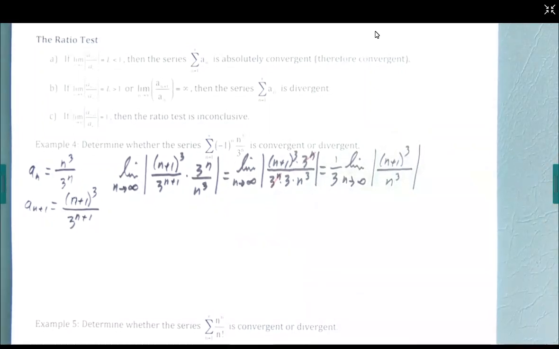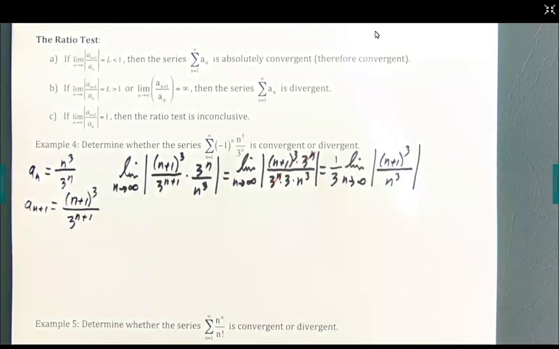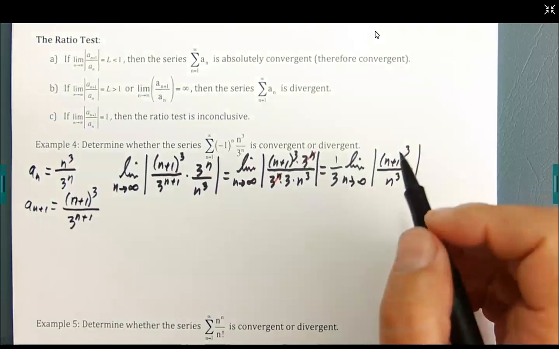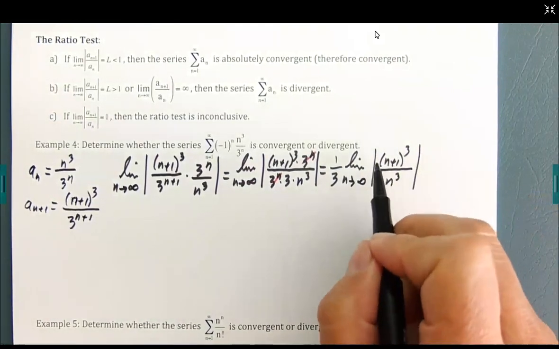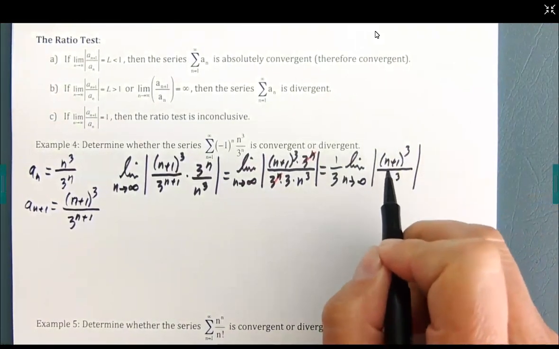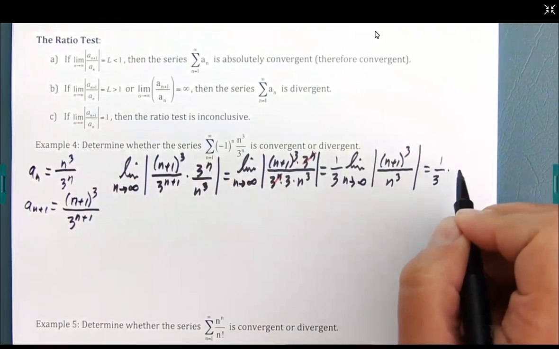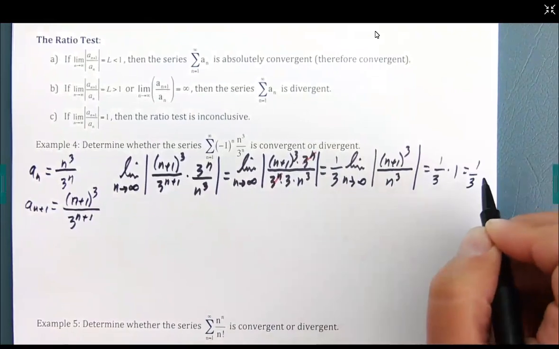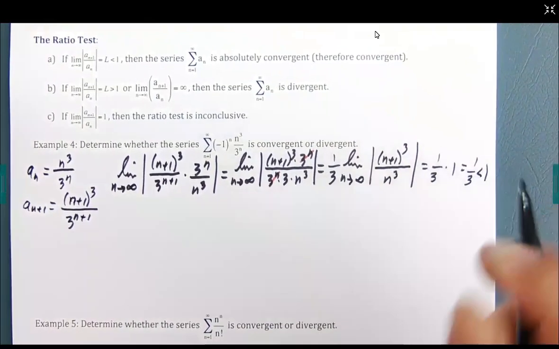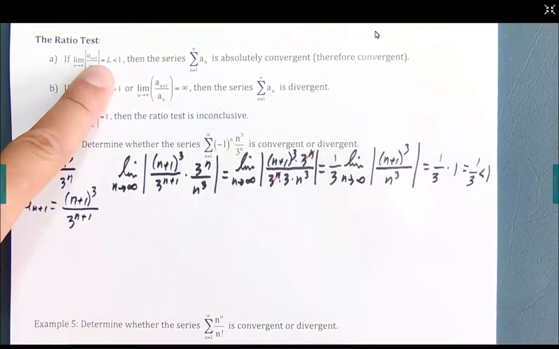All right, so now we have this limit. And what I want to do is I want to point out that if I were to FOIL that out, I would end up with an n to the third, and that would be the largest. So this actually ends up being 1/3 times 1, or 1/3. And the point is, that's less than 1.